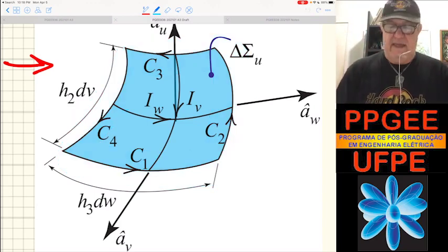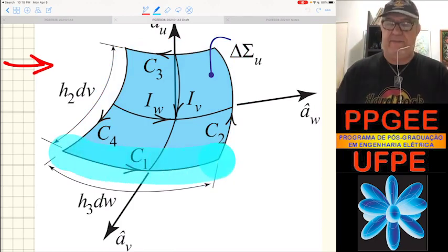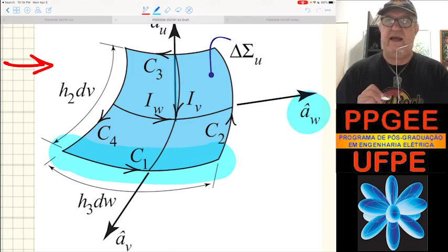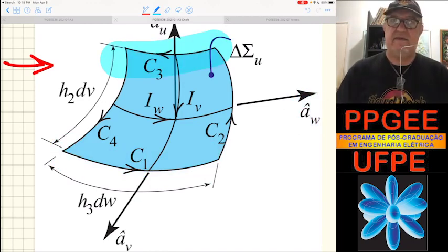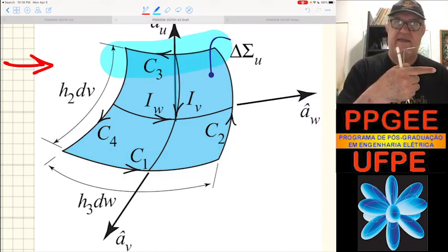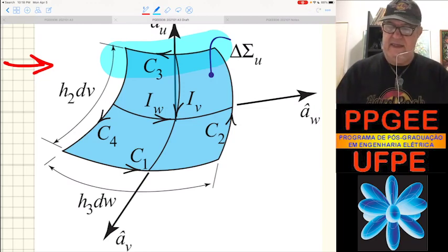We are breaking the integral in 4 segments, C1, and going up, going in the positive sense of AW, and C3 going backwards, right? Going towards the negative sense. Again, and I have C2 and C4.